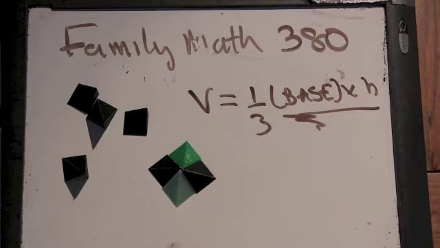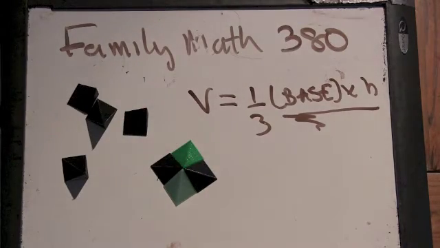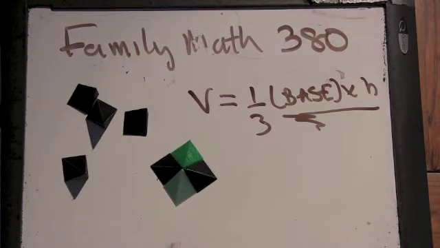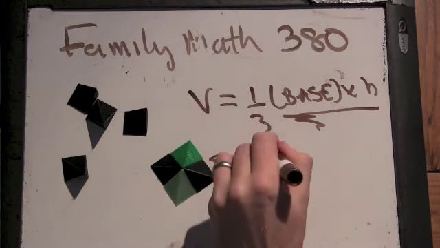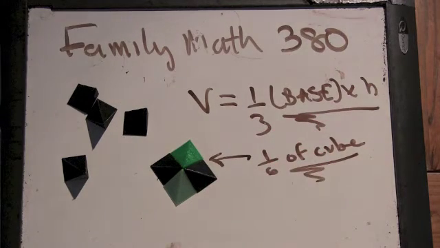We saw that 6 of these pyramids fit into one 2x2 cube. Okay, good. So this pyramid would have the volume 1/6 of the cube.